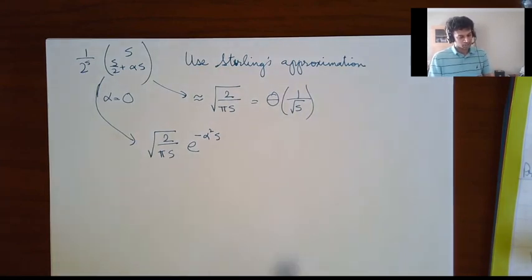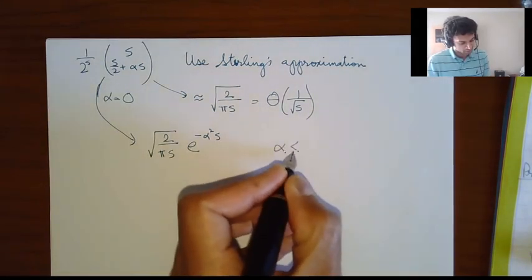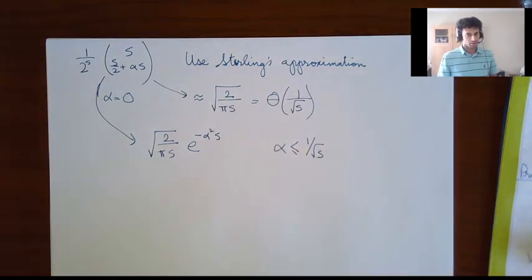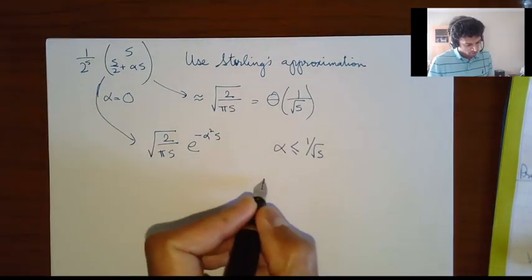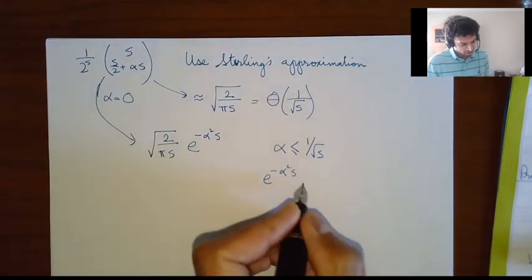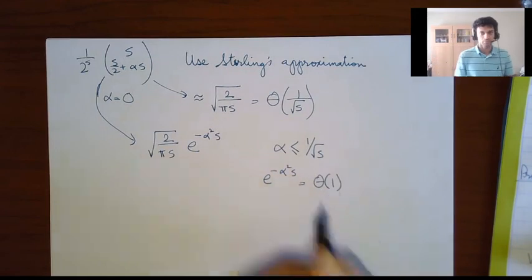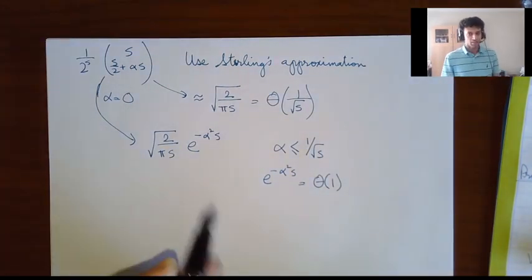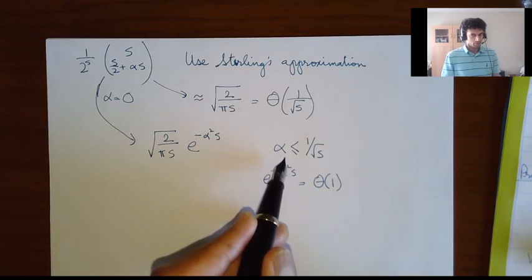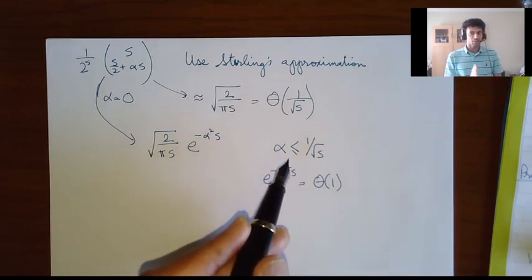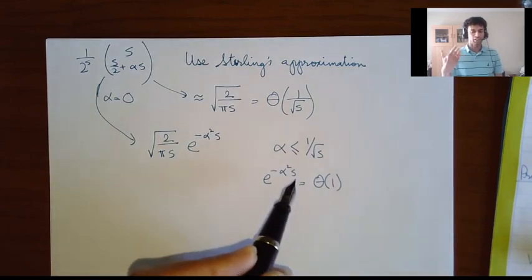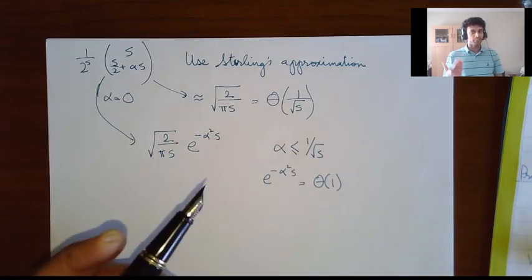So why is this interesting? This says that when alpha is less than 1 over root s, then e to the minus alpha square s is essentially just a constant. What this means is that for all choices of alpha being less than 1 over root s, you are essentially equally likely to see that many heads as well.